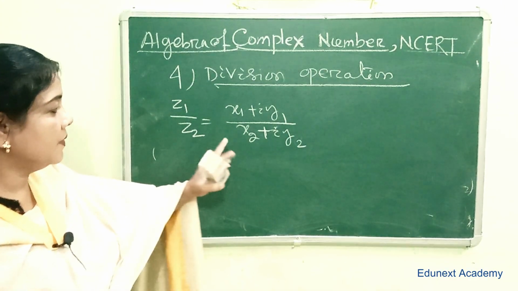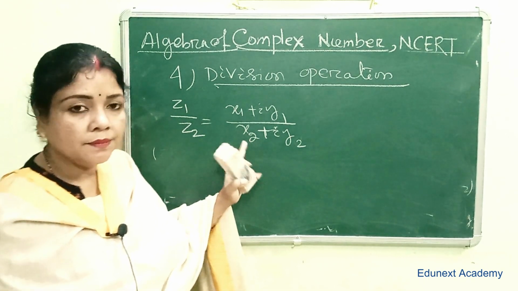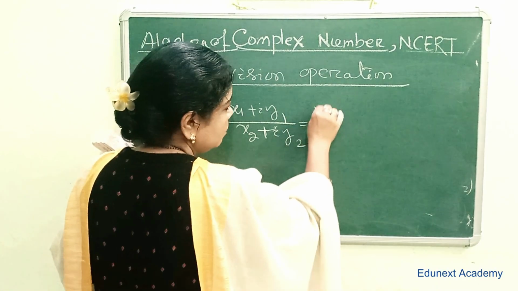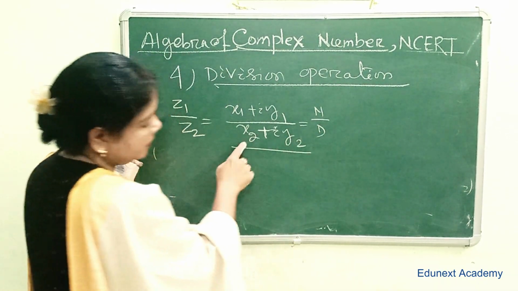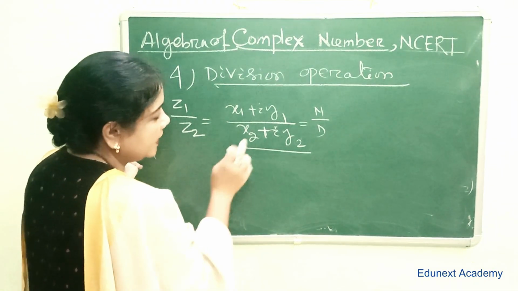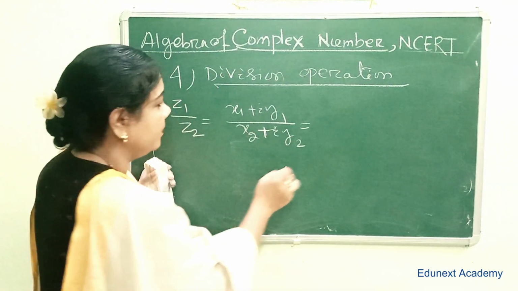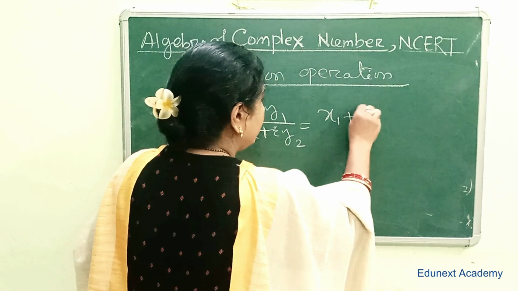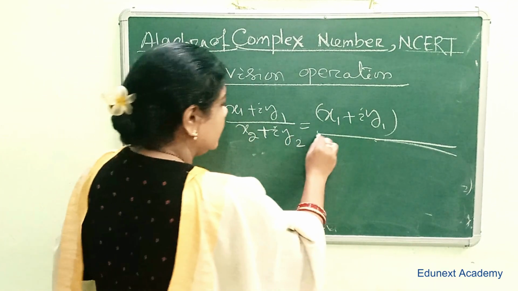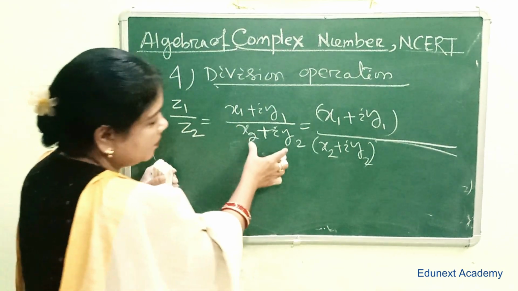Now here, to eliminate the imaginary part in the denominator, we have to multiply by the complex conjugate of the denominator. This is the numerator, this is the denominator. Since x2 plus iy2 is in the denominator, we have to write its complex conjugate and multiply it on both sides. This is the process.